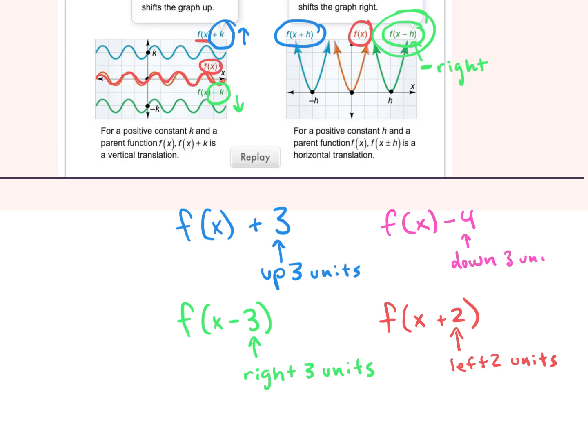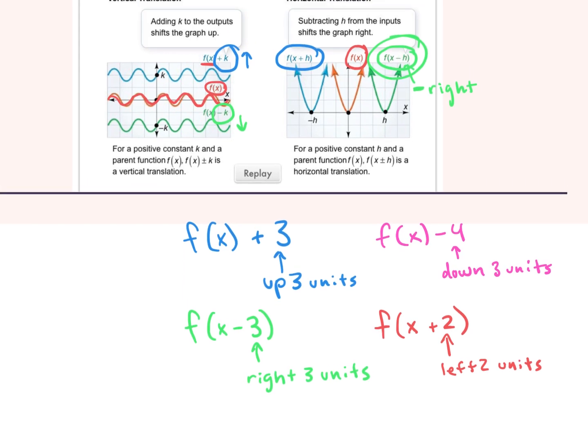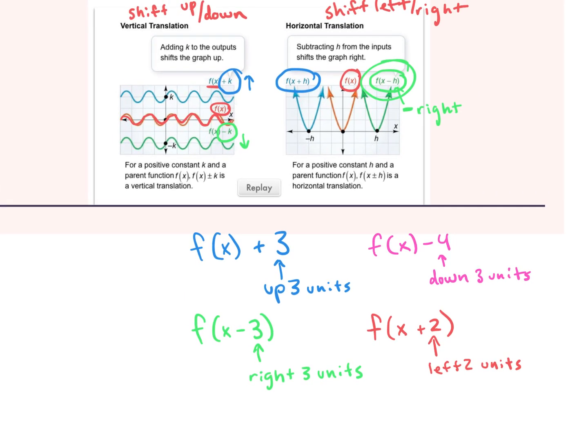So these are two types of transformations, kind of one type, which is just a shift, but you could either shift it up or down. So up and down happens when it's on the outside, up or down, and then left or right happens on the inside.